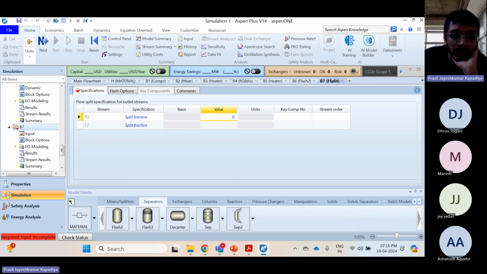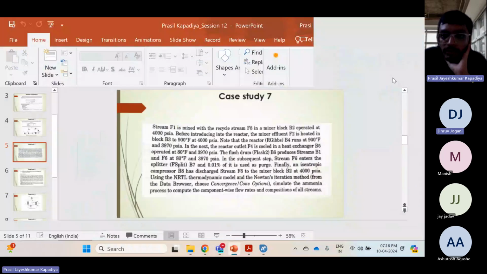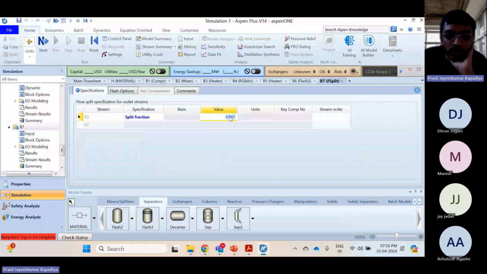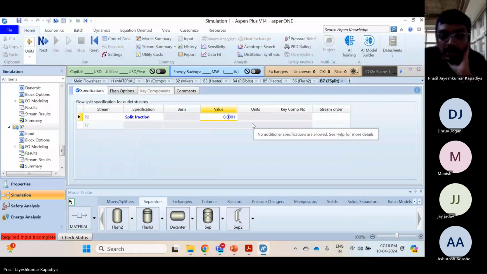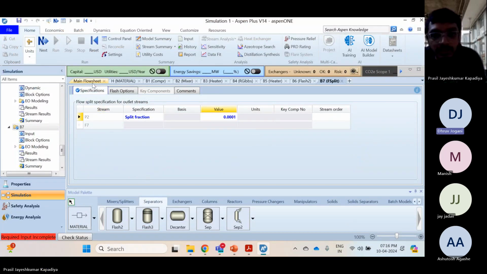So 0.01 by 100. So that is 0.0001, right? Am I right or not?